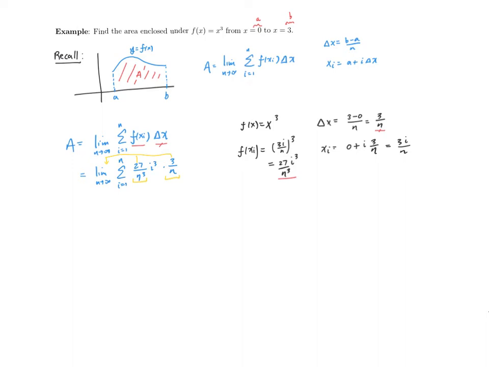Note, we certainly cannot pull them out in front of the limit because they involve n, but they can sit in between the limit and the summation. So this would be the limit as n approaches infinity of 27 times 3 over n to the fourth multiplied by the sum from i equals 1 to n of i cubed. And immediately, this is looking much better.